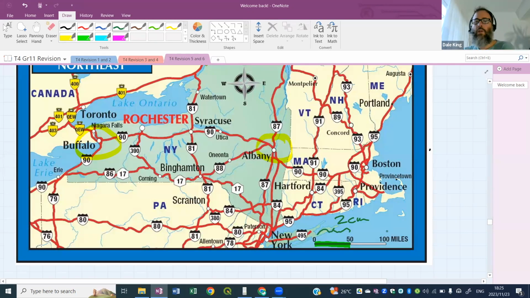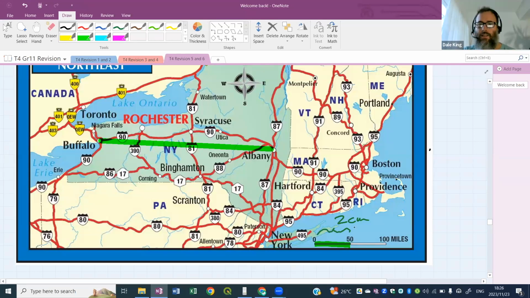You measured it with your ruler and it measured 2 centimeters. And we need to measure the straight line distance. So I'm going to draw a green line here between these two places, Buffalo and Albany. That is 7.5 centimeters in a straight line.